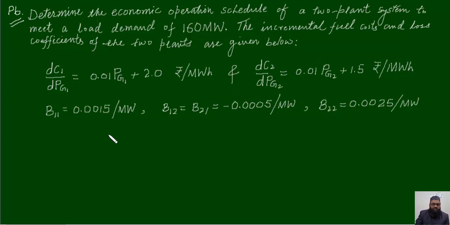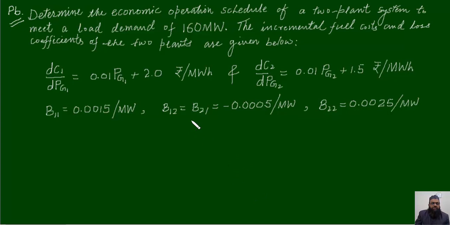And the loss coefficients for the two plant system, obviously we will have four coefficients: B11, B12, B21 and B22. And these two coefficients B12 and B21 between line 1 and 2 are the same. So these are the values given.